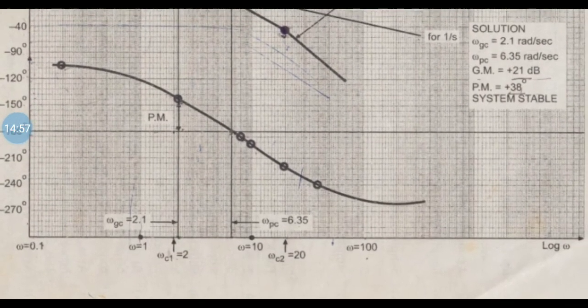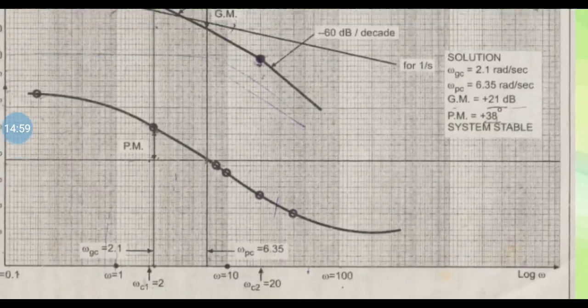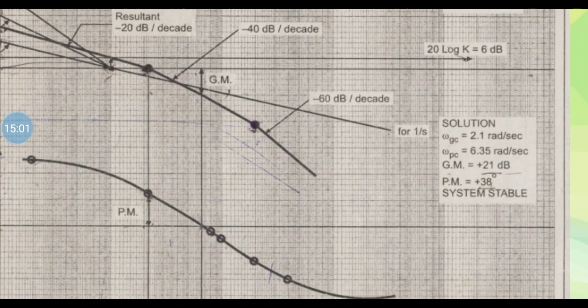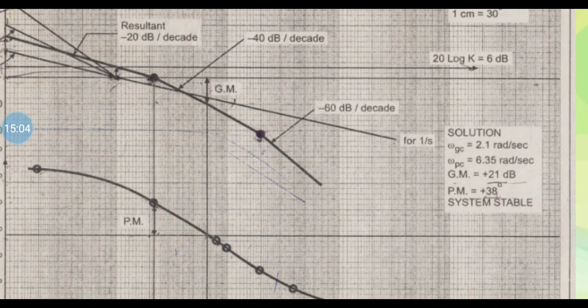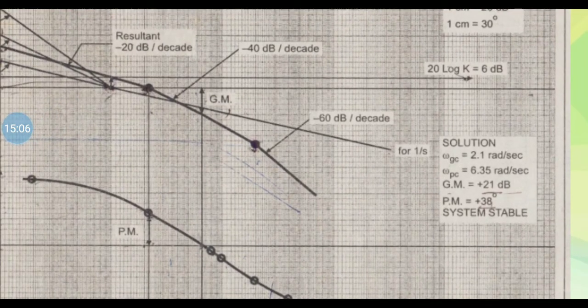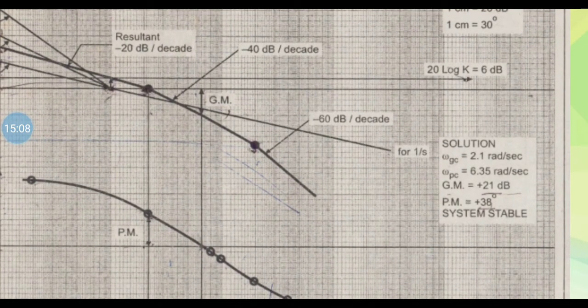Next, phase margin. Take the resultant magnitude plot where it is crossing the 0 dB line. So here it is crossing the 0 dB line. Extend that to the phase angle table at minus 180 degrees.